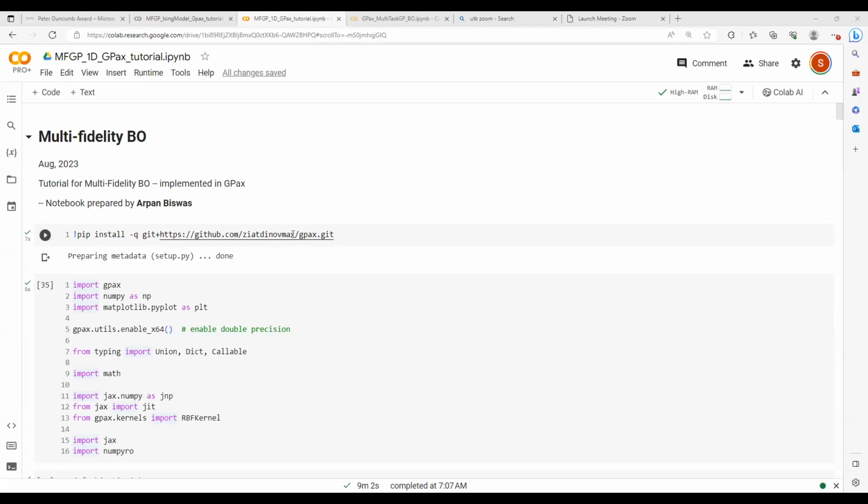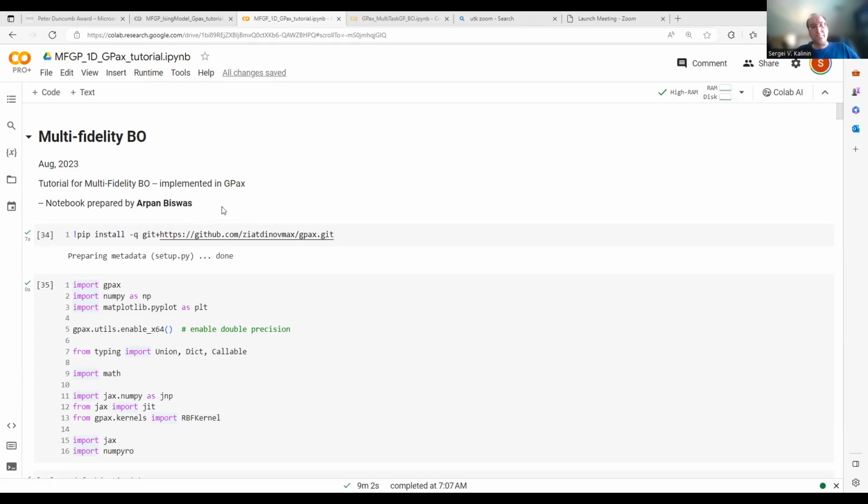We start with the installation of GPax. In principle, simple multi-fidelity Bayesian optimization can be done with big packages like BoTorch. However, that code will work on supercomputers, but it would be fairly long, and you would really have to look under the hood to a very large degree.